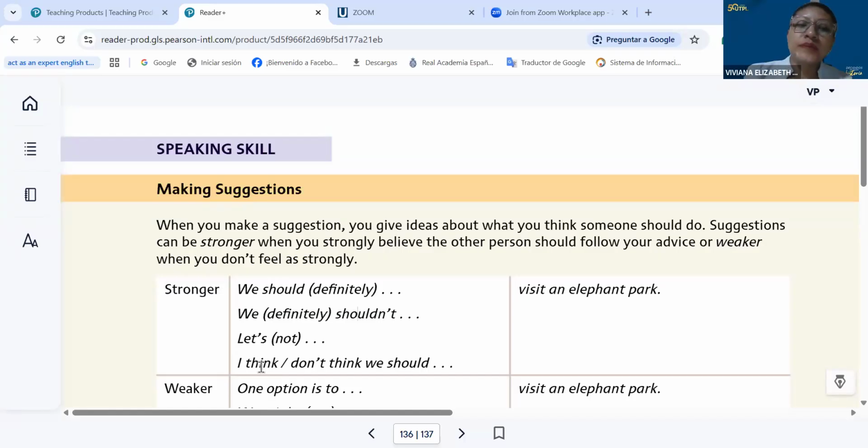Or the negative form, I don't think we should visit an elephant park. If you notice, if you use just the modal should, it sounds good. But if you add I think or I don't think, the suggestion becomes more complex and it sounds better, okay? Well, you have different options here to make a stronger suggestion: by using should, by using let's, by using I think.